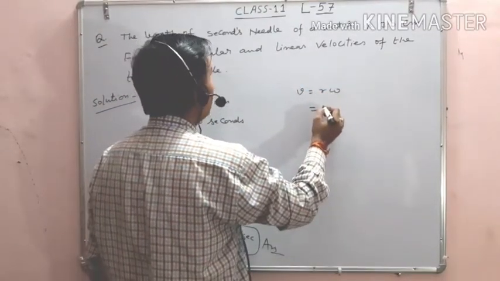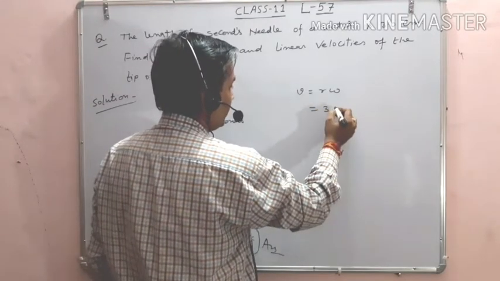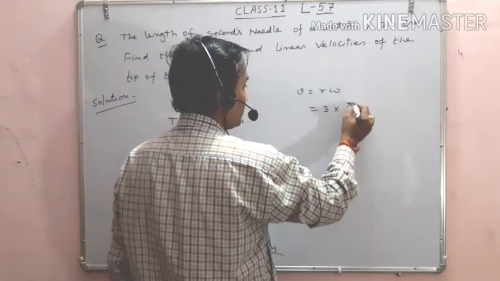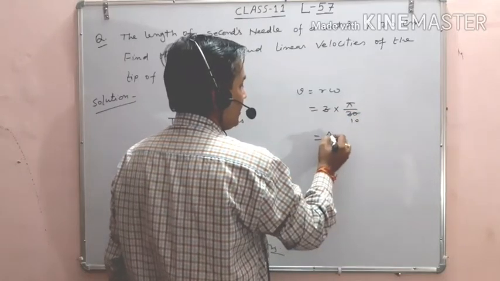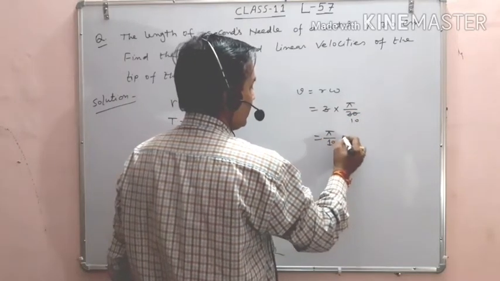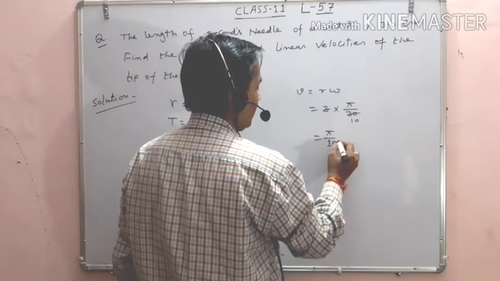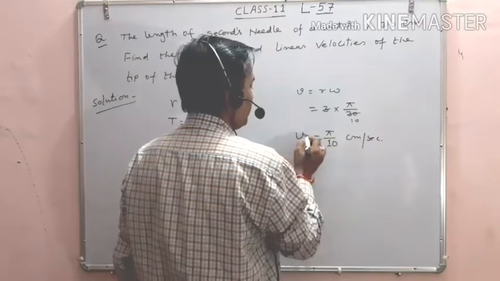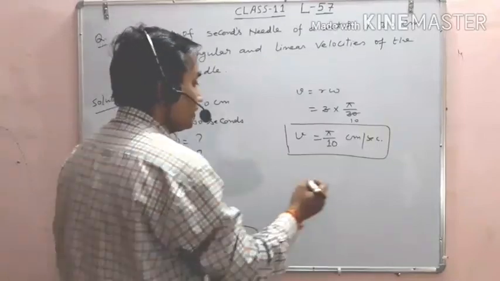R is given here, 3 centimeter, and omega is pi upon 30, that is 3 1 10. So pi upon 10 centimeter per second. This is the linear velocity. Okay, the second answer.